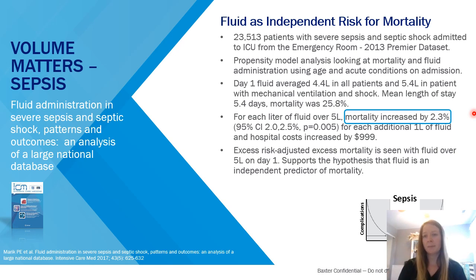We talked about having a mortality rate between 17 and 43% earlier. The average is 33% mortality. When you get diagnosed with sepsis, you have a 33.3% mortality rate. Now, how easy do you think it is to get to 5 liters in a 24-hour period when you're treating sepsis? In my opinion, it's very, very easy.